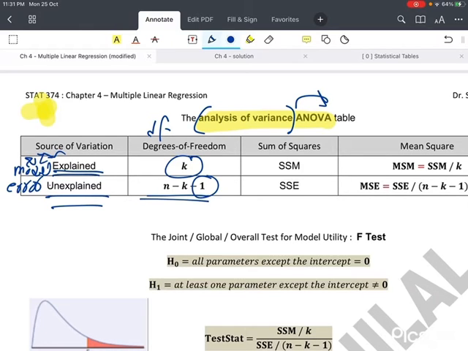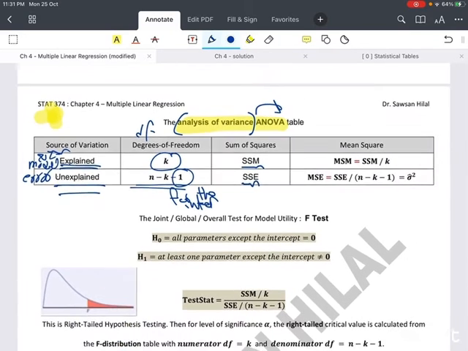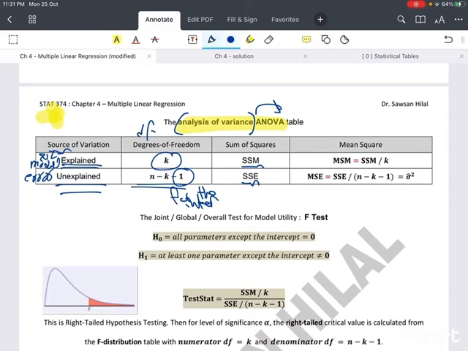For the intercept. So we call the explained sum of squares model, and the unexplained sum of squares error. So this is the sum of squares, this is SSE.